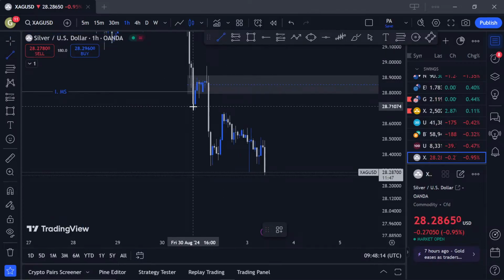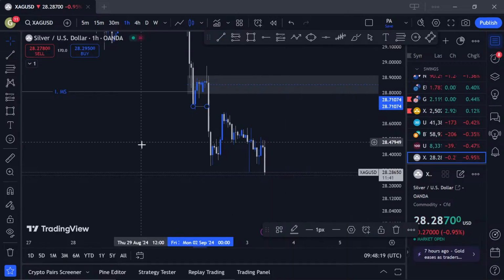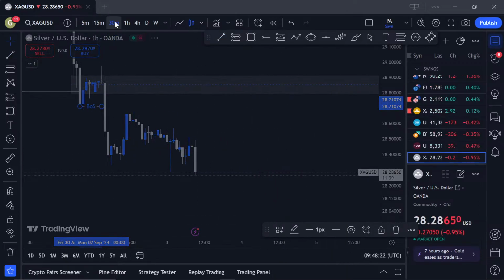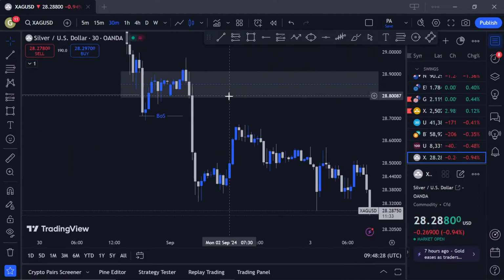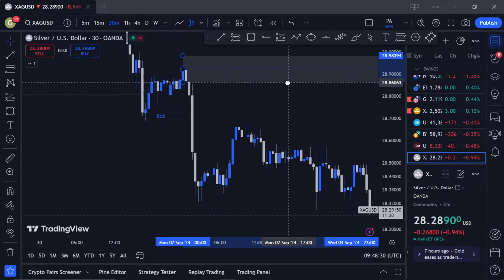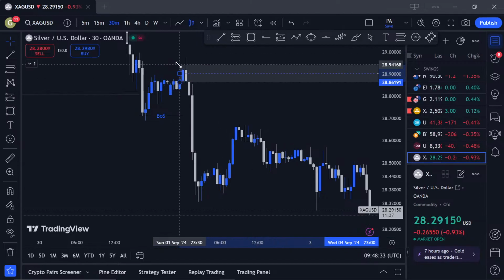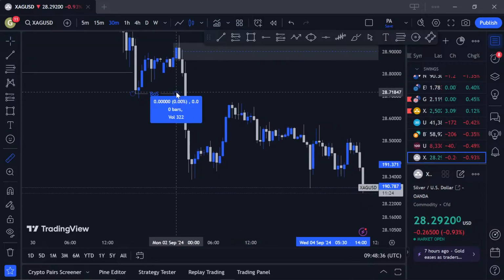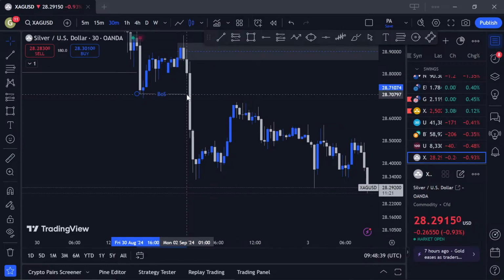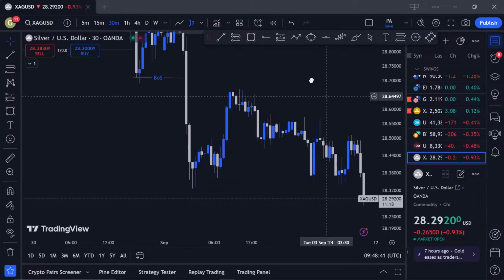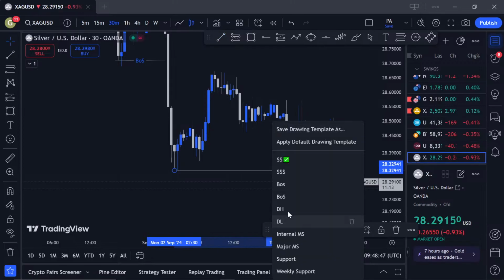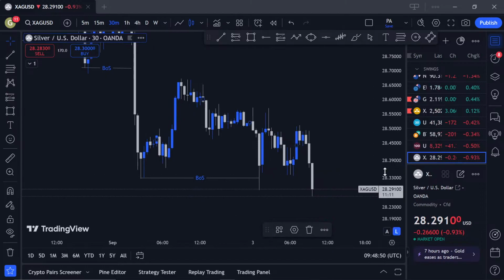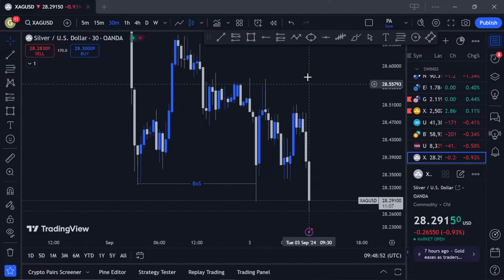Because immediately it left that place, it gave us a break of structure here, a break of structure here, and then another break of structure right here, followed with another break of structure.